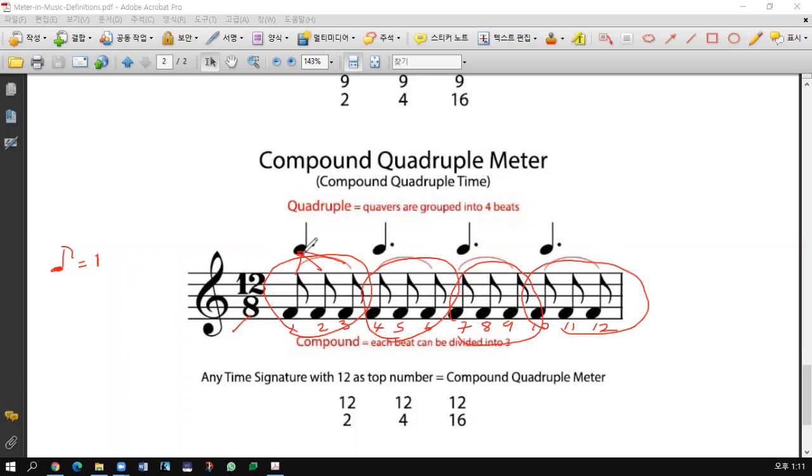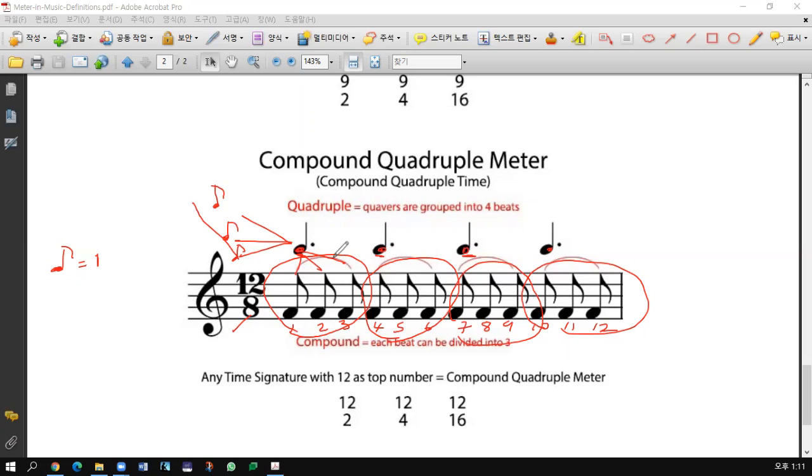And then that is like a dotted quarter note. A dotted quarter has 3 eighth notes, right? So it's like a little math here. Each dotted quarter can be divided into 3 eighth notes. So we can play 1, 2, 3, 4, 5, 6, 7, 8, 9, 10, 11, 12.